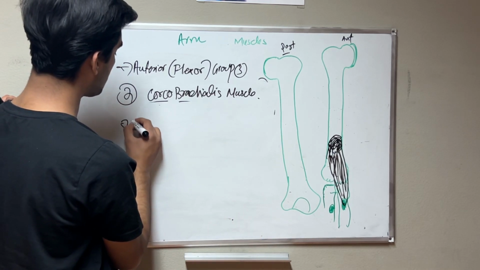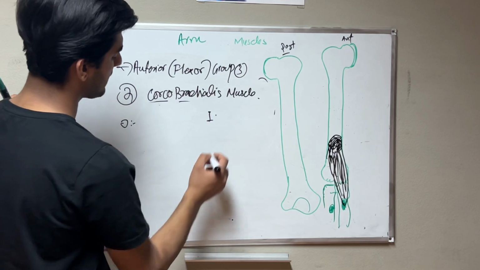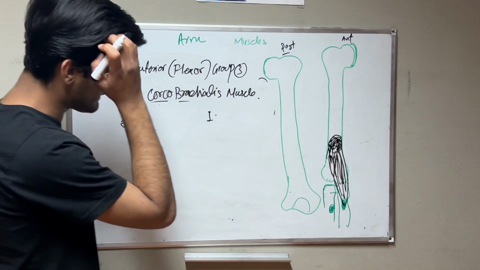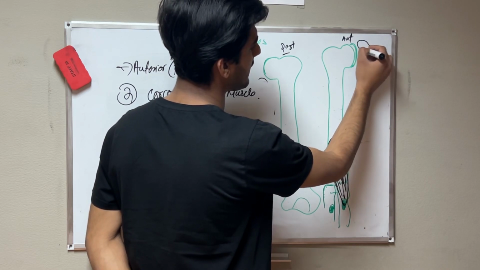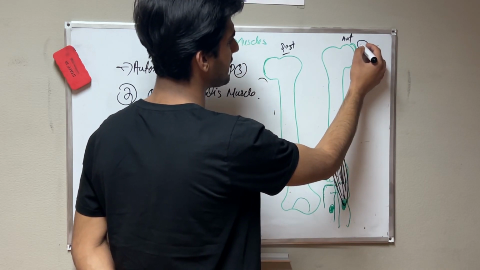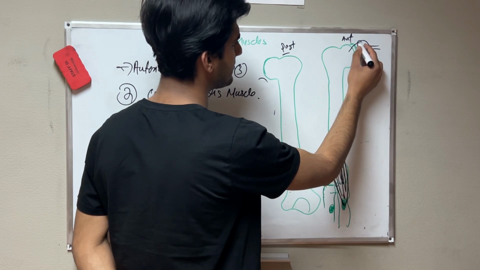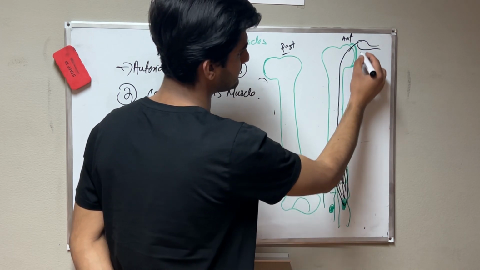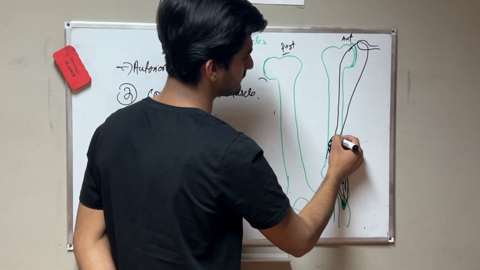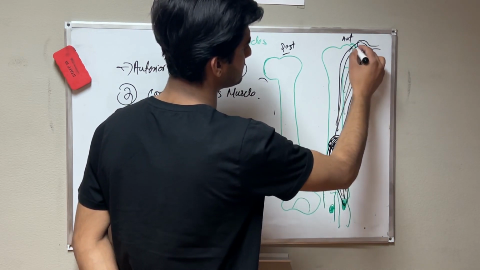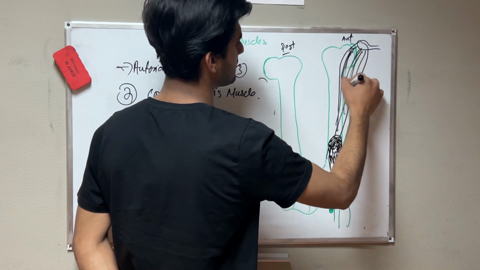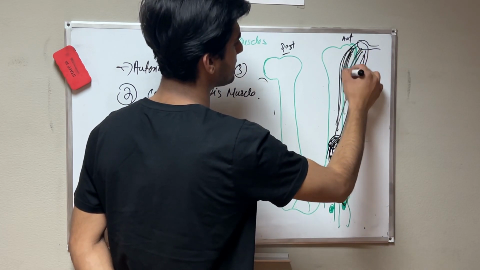For the origin and insertion of the coracobrachialis, here is the scapula and here we have the coracoid process. This muscle attaches from here and comes to here. This is the coracobrachialis muscle.